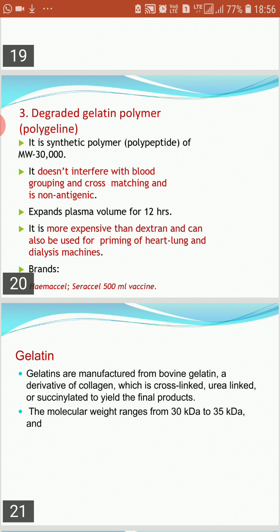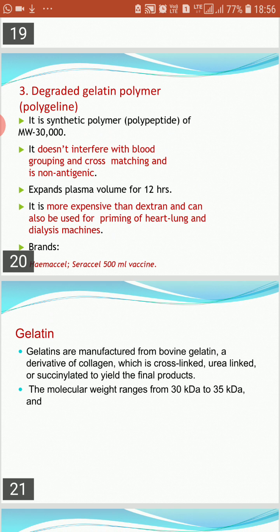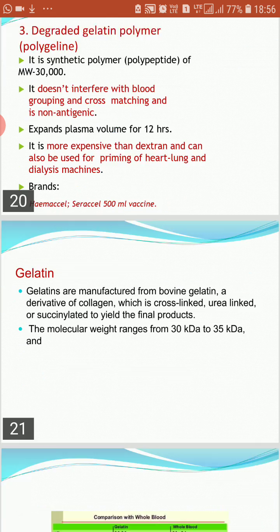Sercal and Hemacal are the names of these gelatins. In properties it resembles albumin and is costly also, expands volume for 12 hours, less duration, so they are used in selective conditions.